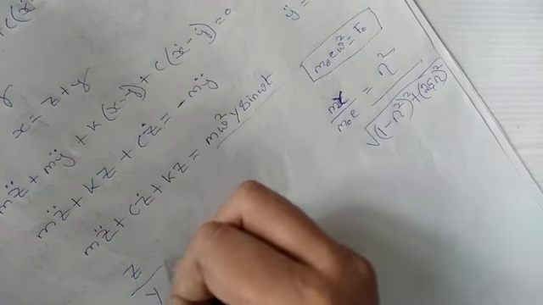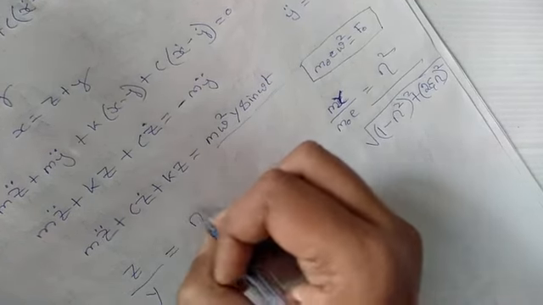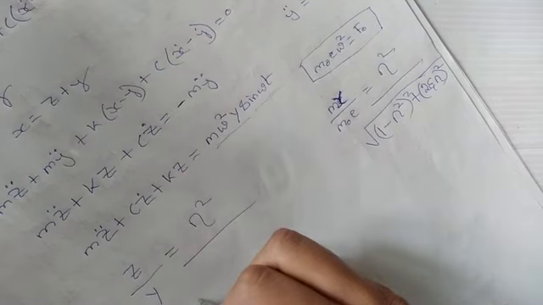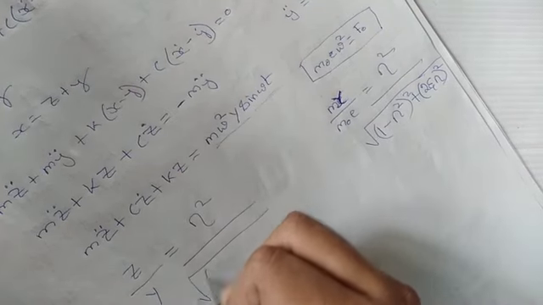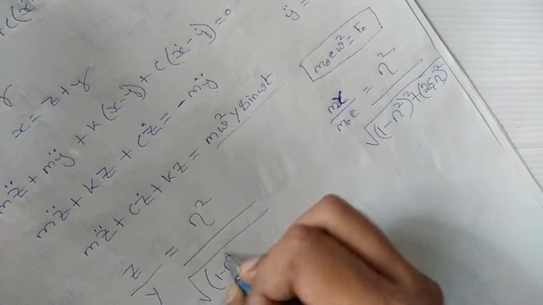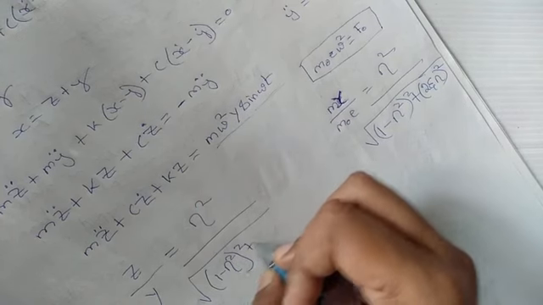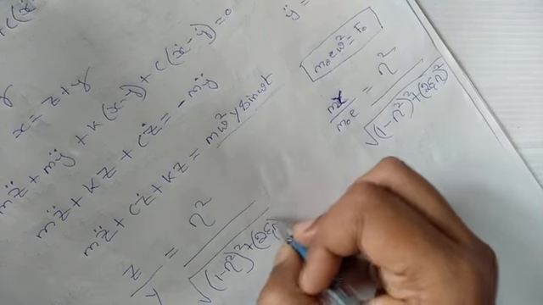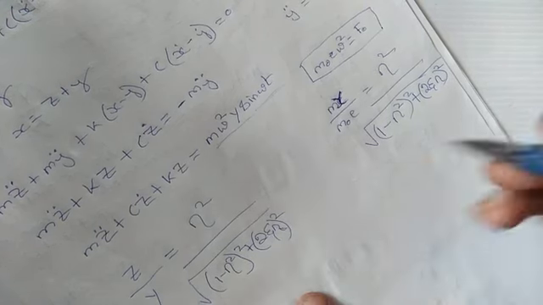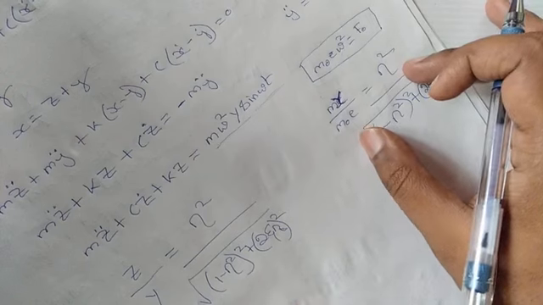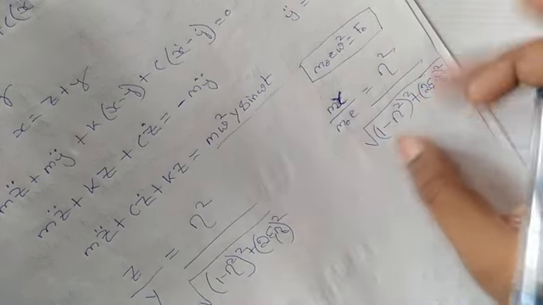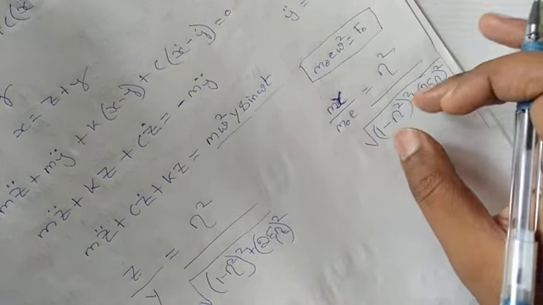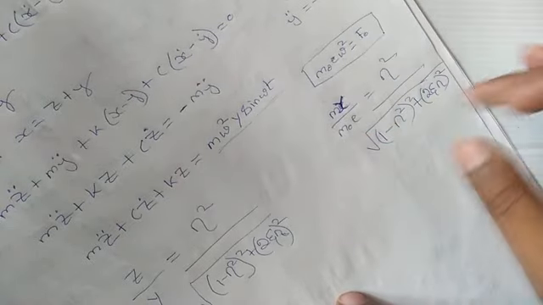Z divided by y is equal to eta square divided by root of (1 minus eta square) whole square plus (2 zeta eta) whole square. Okay, just look into the rotating unbalanced mass derivation. You will understand how we got this.